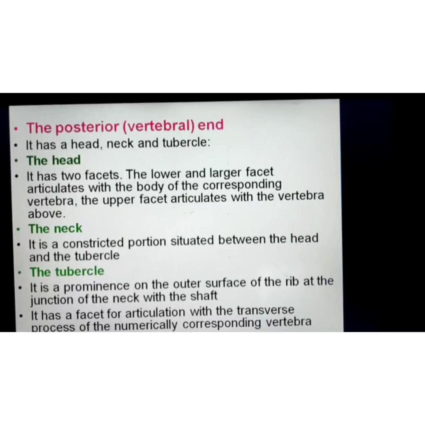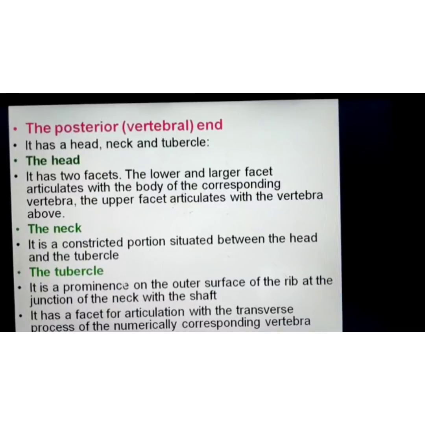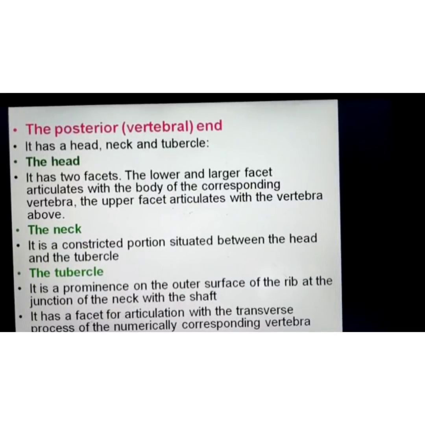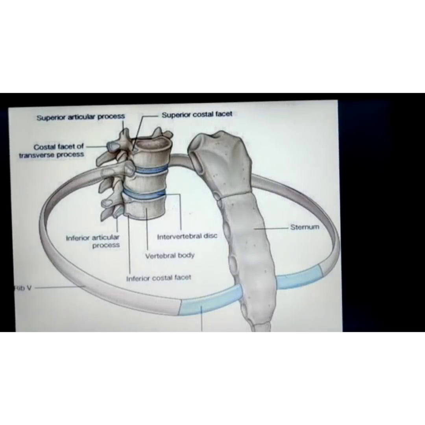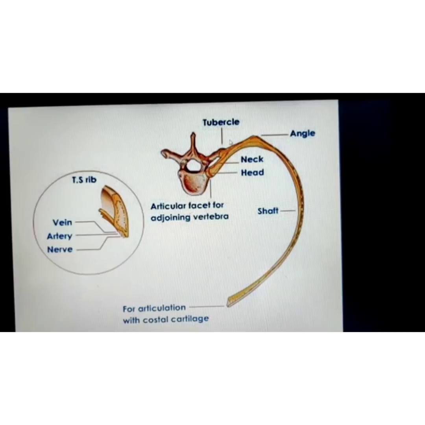Coming to the neck of the rib, it is a constricted portion situated between the head and the tubercle. Next, the tubercle. The tubercle is a prominence on the outer surface of the rib at the junction of the neck with the shaft. So it is a prominence. You can see in this diagram.